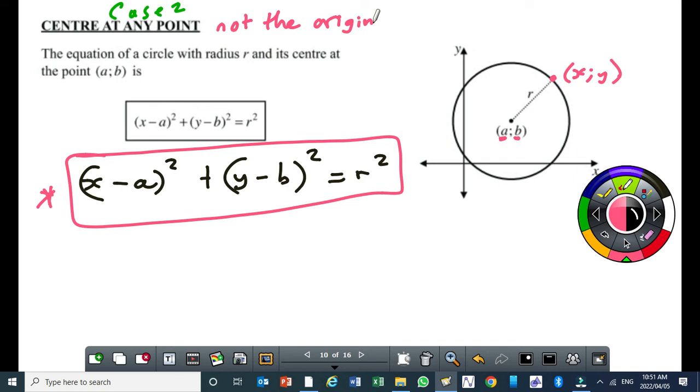Make sure you memorize the two equations: the one when the center is at the origin, and the one when the center is not at the origin. And be aware that this A is an x value, and this B is a y value.